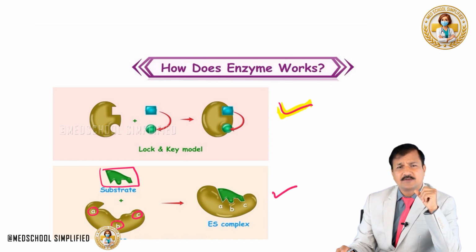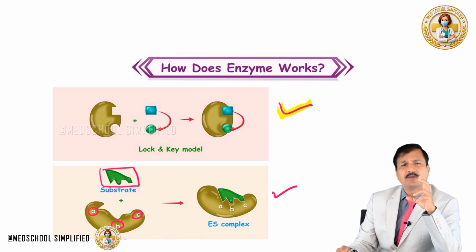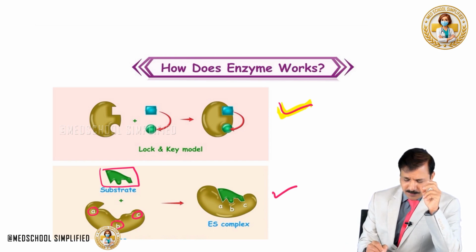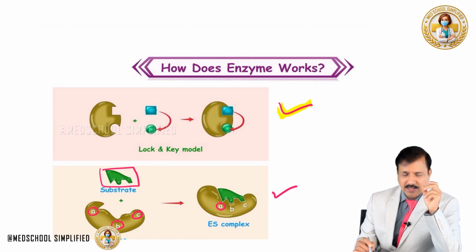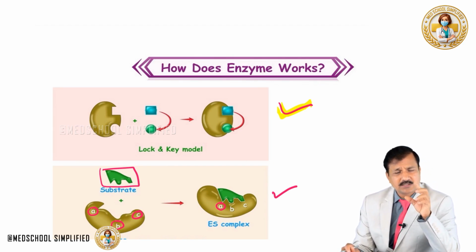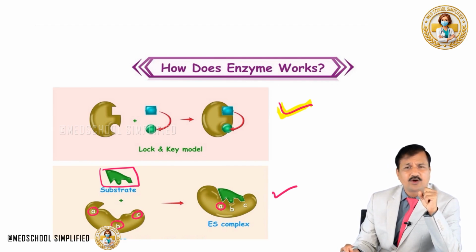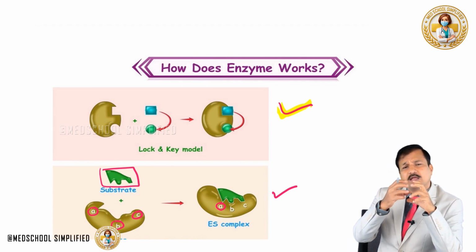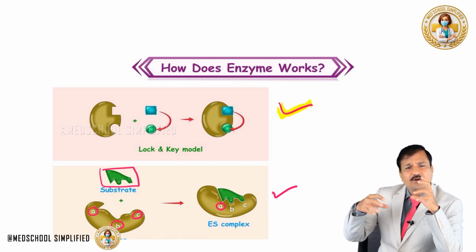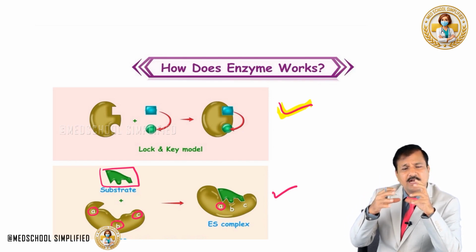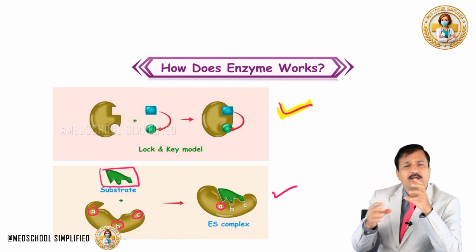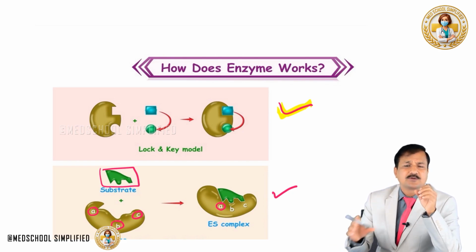So how does this substrate bind to an enzyme? Whenever the substrate comes and makes an initial contact with the enzyme's active site, suppose it is making an initial contact with A. Once that initial contact happens, once it initiates a bond formation, the enzyme itself will undergo a conformational change, so that it will well accommodate the substrate and fit that substrate well.